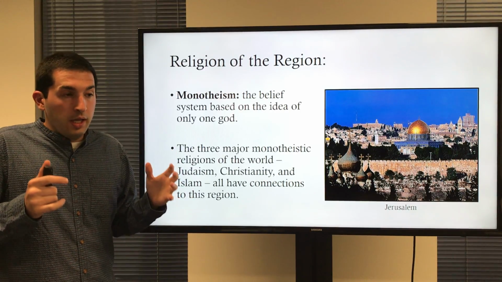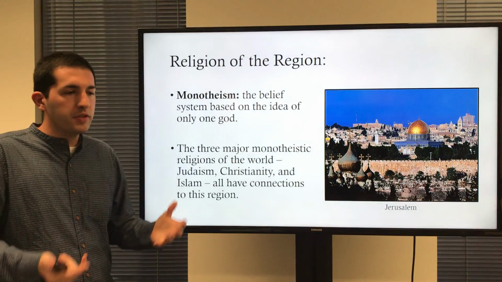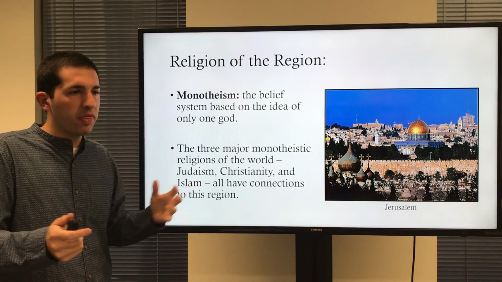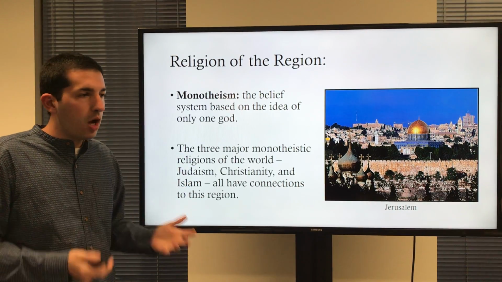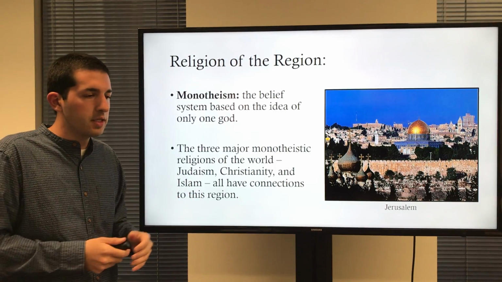Very contentious. Everybody's fighting for it. Everybody has religious beliefs, artifacts, or buildings tied to that city that they claim to be their own among the three different faiths, and it obviously leaves it a contentious issue.